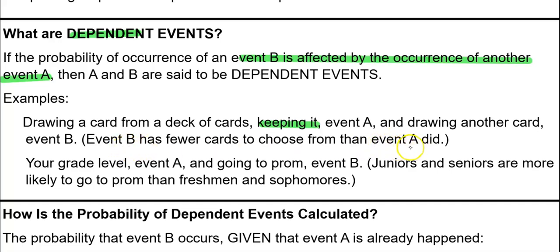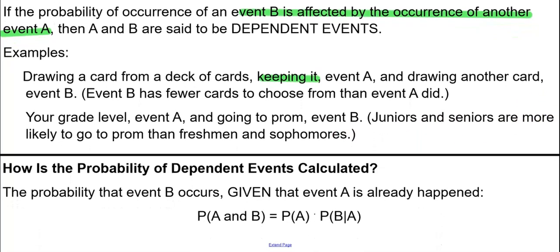Another example is your grade level and going to prom. Juniors and seniors are more likely to go to prom than freshmen and sophomores. It's not unheard of that freshmen and sophomores go to prom, but juniors and seniors go more often. So knowing what grade level you're in will help me determine if you're going to go to prom.